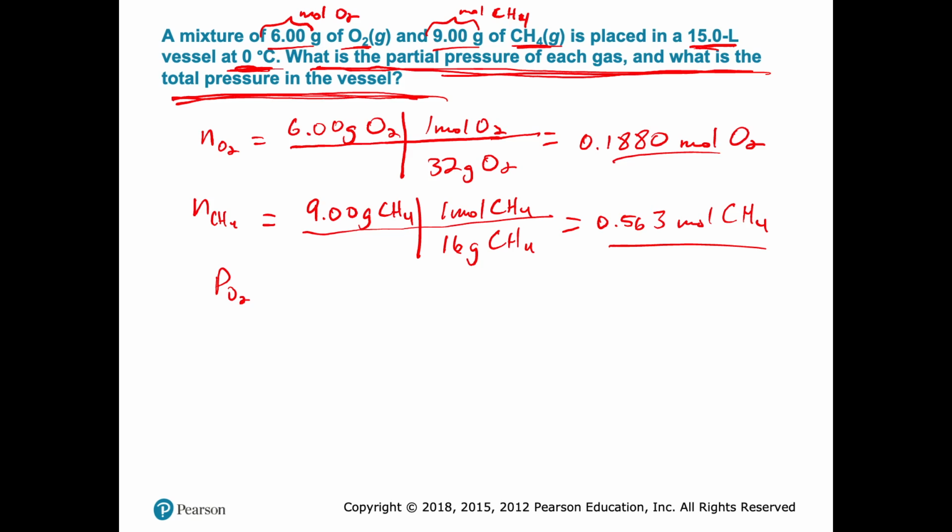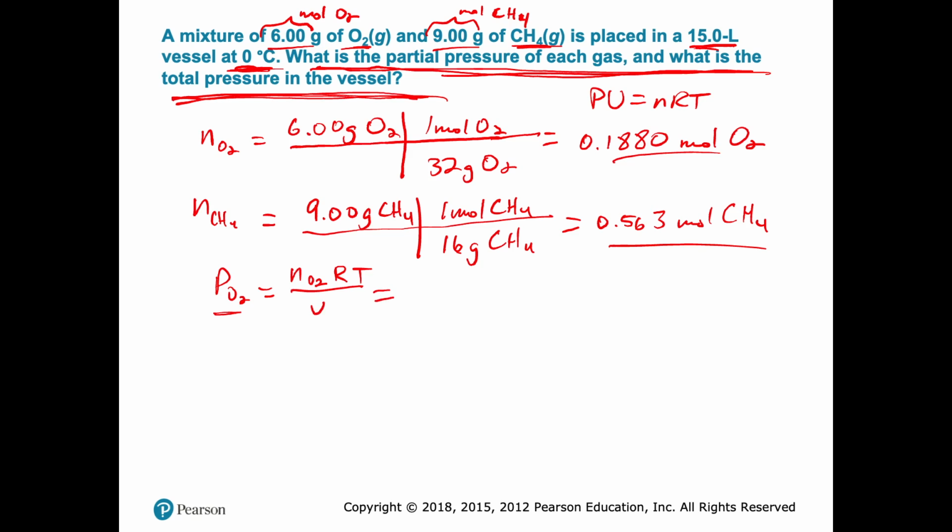PO2, pressure of oxygen, equals, again, this is just PV equals nRT, and I've just rearranged the equation so that P is by itself, and I can solve for P using everything else. So the partial pressure of oxygen equals the number of moles of oxygen times the ideal gas constant times the temperature divided by the volume.